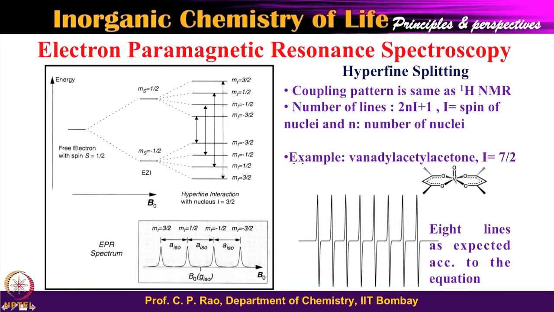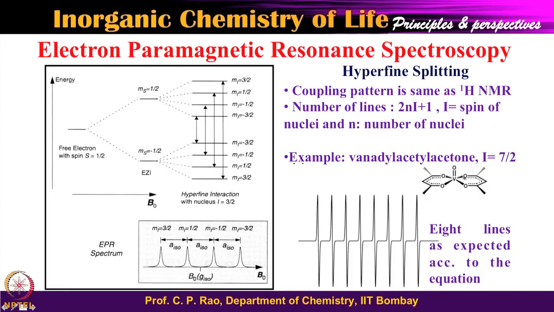V double bond O is called vanadyl, and there is one acetylacetonate, another acetylacetonate. Each acetylacetonate is 1 minus, so the two of them are 2 minus, oxo is 2 minus, totally 4 minus, and vanadium is 4 plus, and therefore it is neutral. So, this is actually bis-acetylacetonato vanadyl, and the vanadium has a nuclear spin of 7/2.